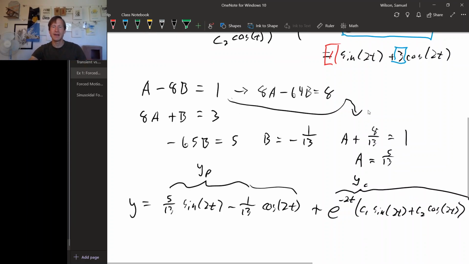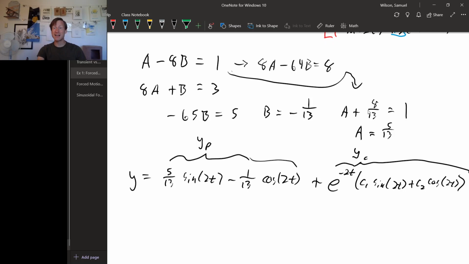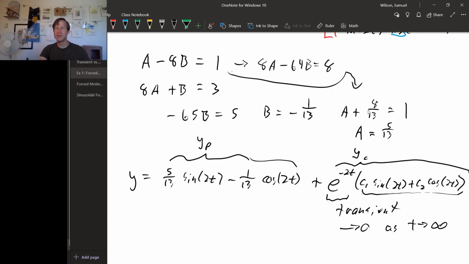And notice that as usual, or as we expected for this kind of system, when you have non-zero damping, the transient goes to 0 as t goes to infinity, right? That's what we expected, and this is because this exponential term is decaying to 0, and this sinusoidal term has a maximum amplitude, and so the exponential is going to drag this whole thing towards 0.